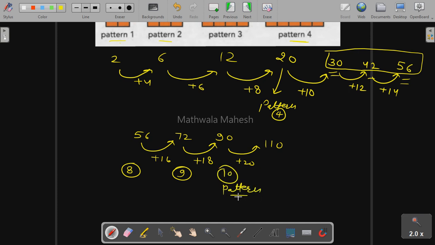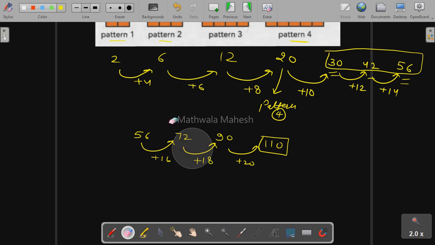So this is our pattern 4. This is 5. This is 6. Oh, this one is my mistake.